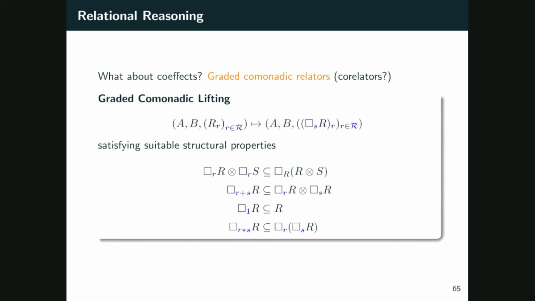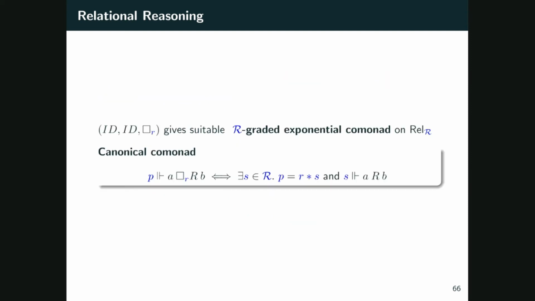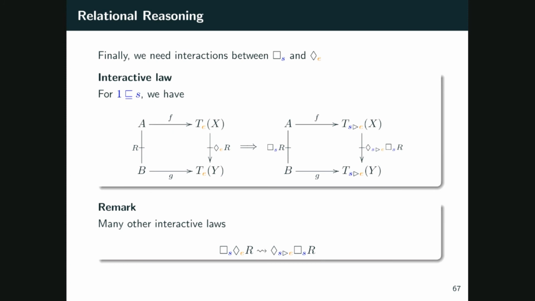What changes is the resource relation, the way in which we deal with resources. And this lifting is required to satisfy these structural conditions, which essentially means that what we obtain is a graded exponential comonad on this category of resource relations.